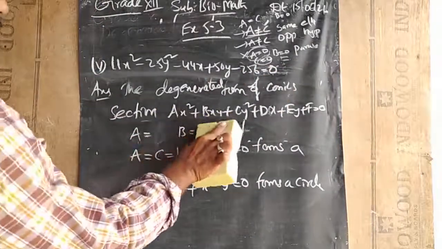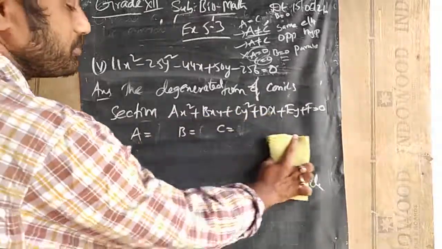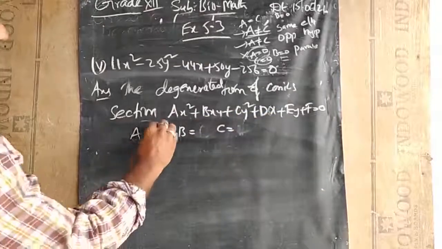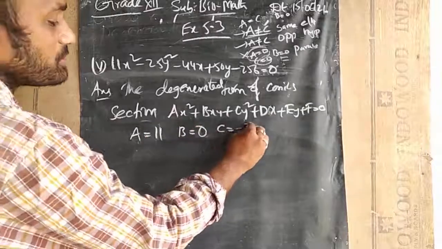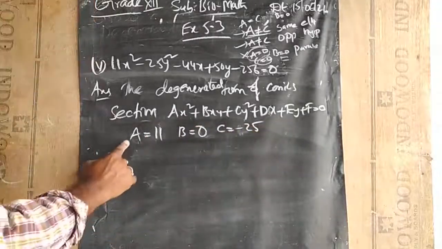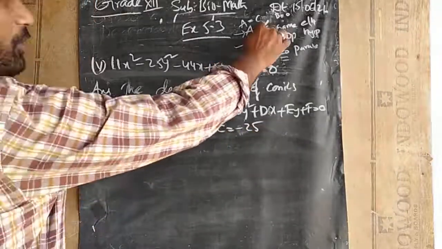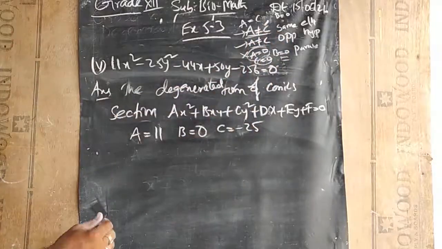Now observe here what the A, B, C values are. A value is 11 and B value is 0 and C value is minus 25. So A and C are not equal, which means automatically we have to focus on the second and third.